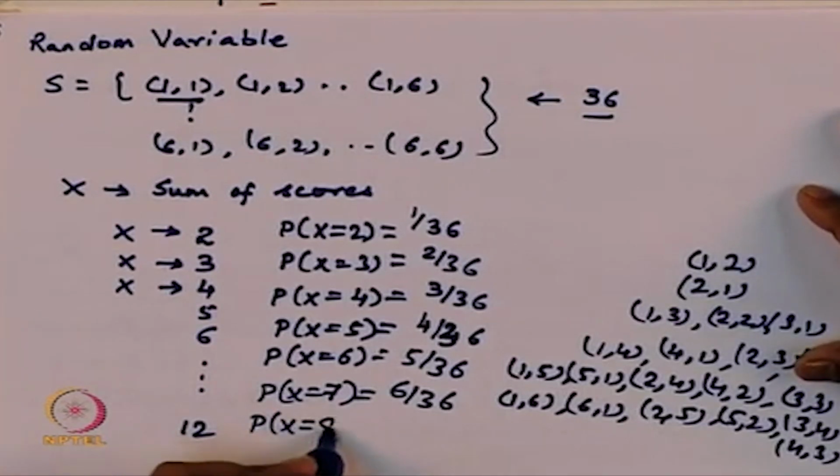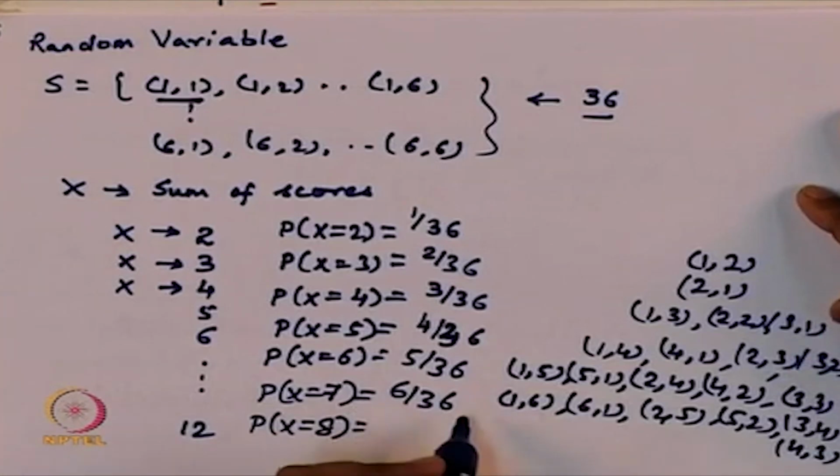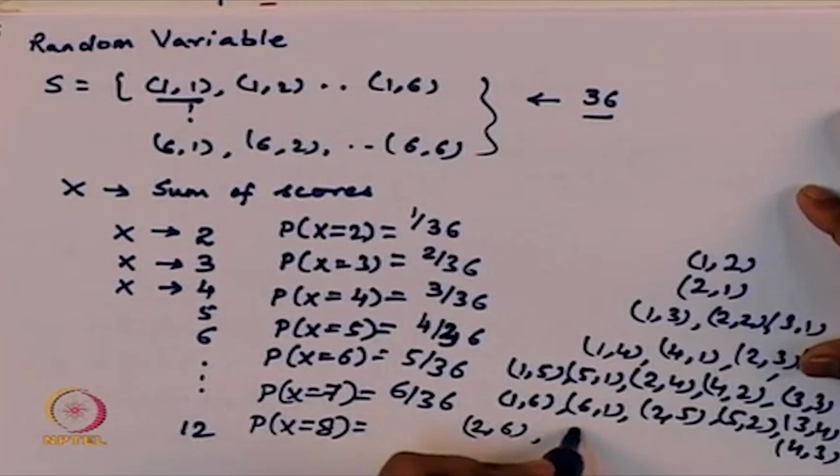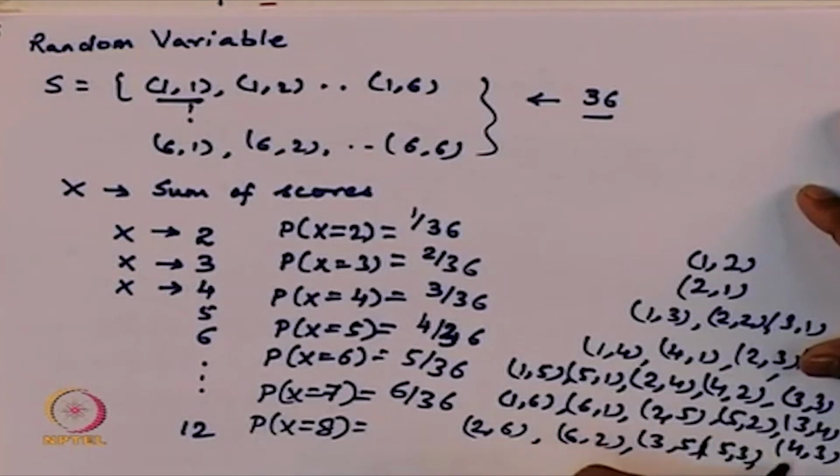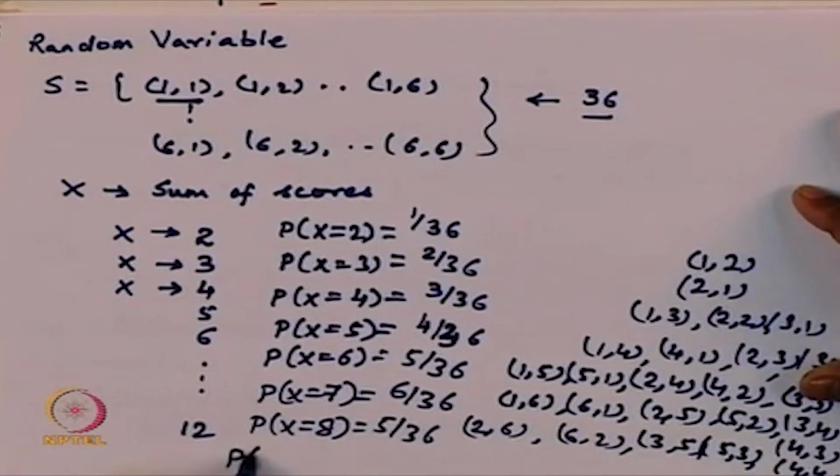Probability of x equal to 8, I have (2,6), (6,2), (3,5), (5,3), (4,4), equal to 5 by 36. Probability of x equal to 9, how will I get 9?